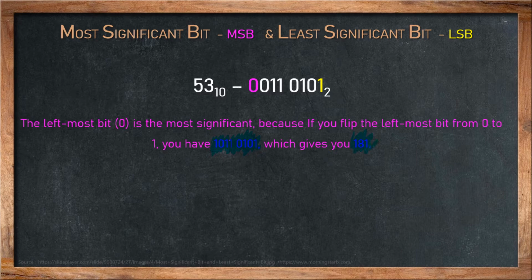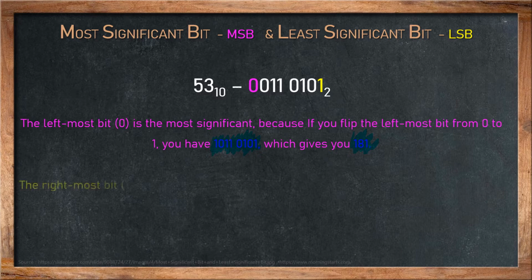You can see the difference between 53 and 181. You are getting a much higher number, not close to 53. It means the leftmost bit has the most significance when you are converting to decimal, because it changes your number with the highest significance.